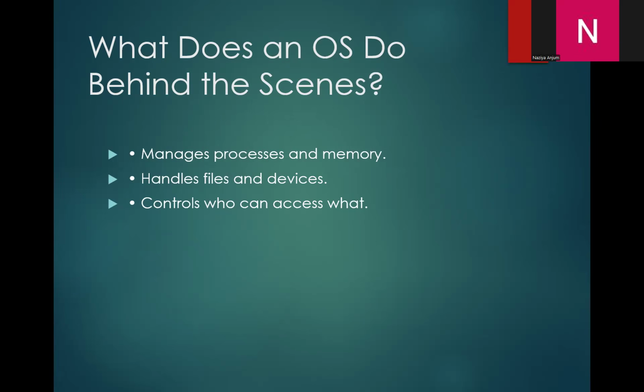Okay, I will give you a very simple example. You just have to relate it. Okay, think of a school. Suppose students are programs, classrooms are memory, principal is operating system, and rules are permissions.